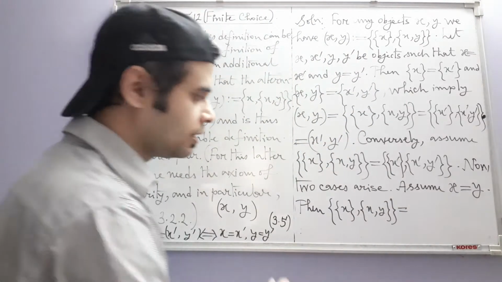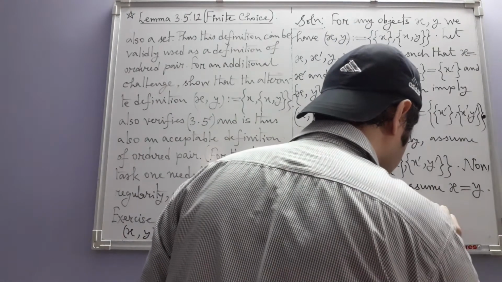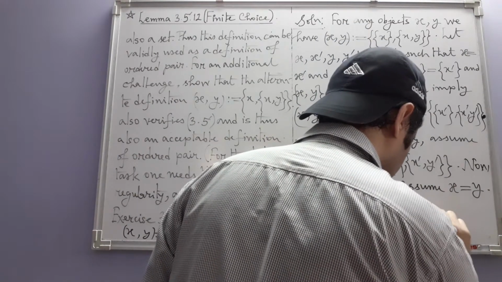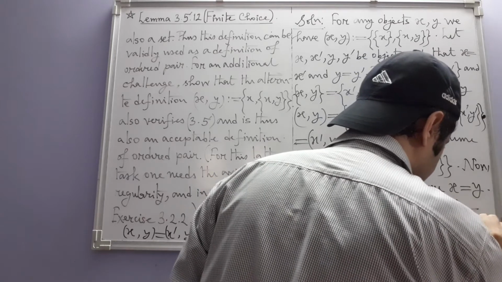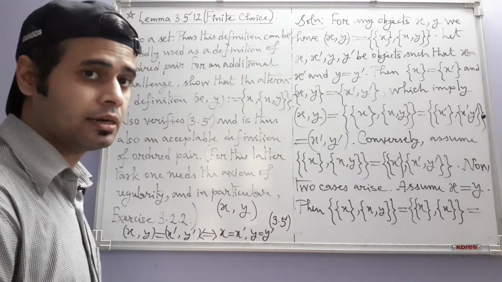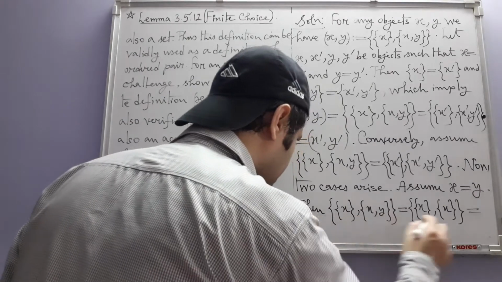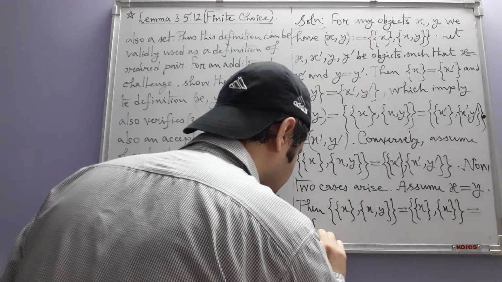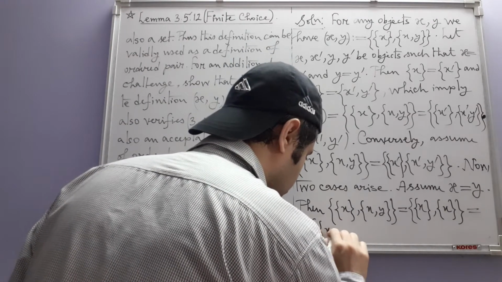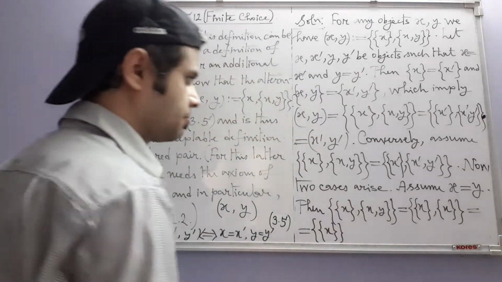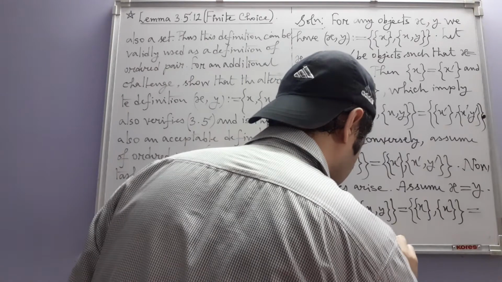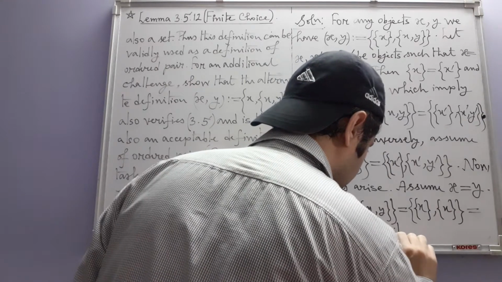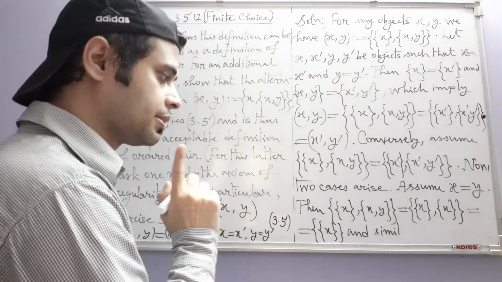Since x and y are equal, we have this. Keep in mind that in sets we don't repeat elements. So that's why we are able to simplify this. And similarly, oh no, we can't say that.